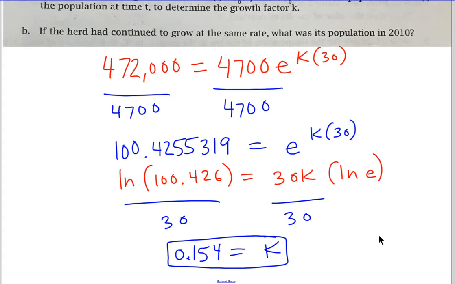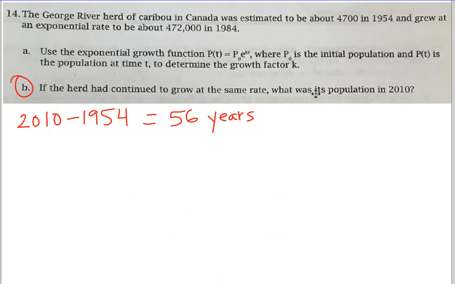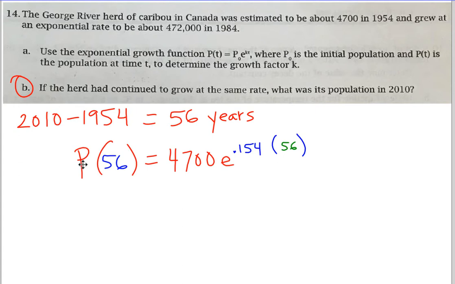Alright, so if I want to find the population in 2010, then I need to know how far 2010 is from my initial 0 value of 1954. So that's 56 years later. So I'm just going to fill in that formula. The population after 56 years is equal to my initial population raised to my constant growth factor and the length of time.